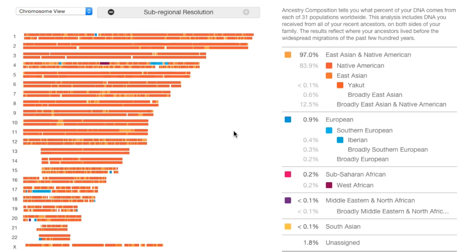On my screen is my dad's 23andMe results. Here's a chromosome view, which I call the ancestry painting. It gives you specific details, like the populations, where it matches and what place. If you want more details, here is a little explanation.